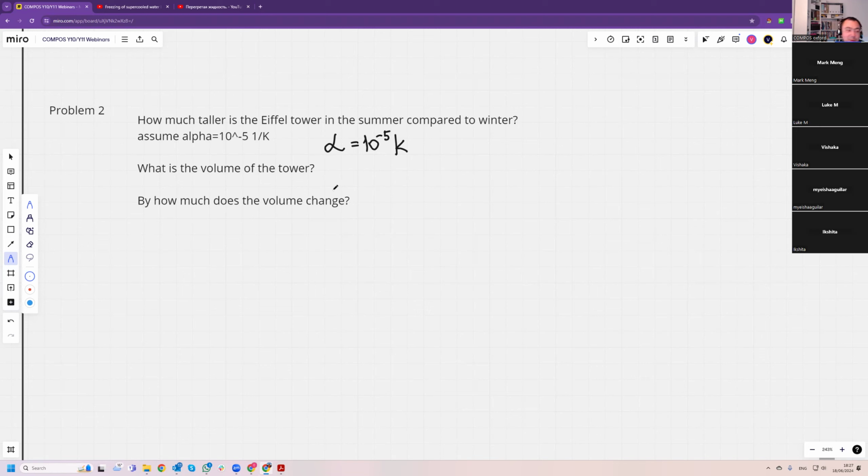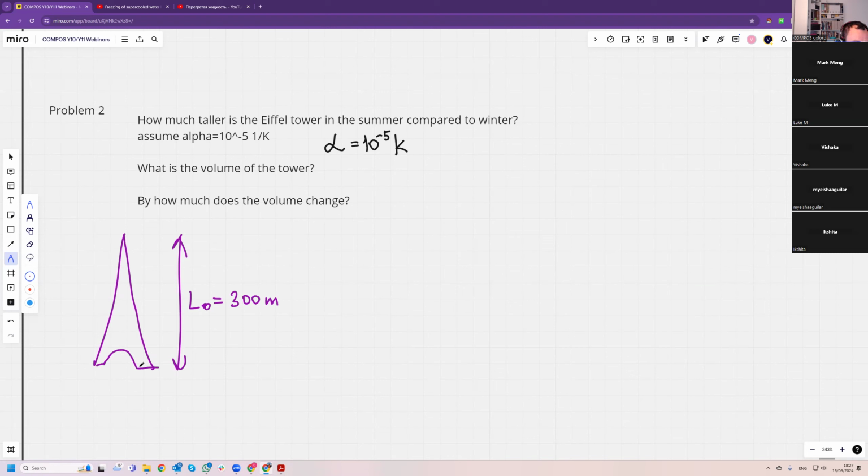So the Eiffel Tower, I just happen to know that it is about 300 meters. It's 1,000 feet, so it's 300 meters. So the height of the Eiffel Tower, that's L0. L0 is 300 meters.